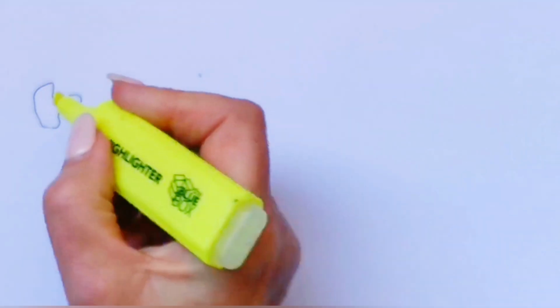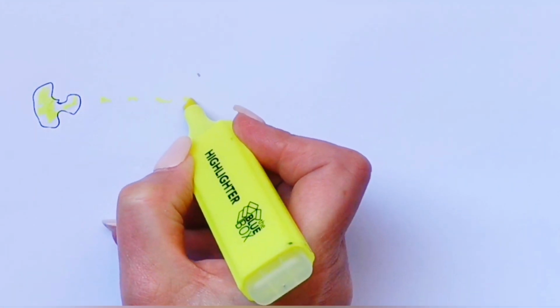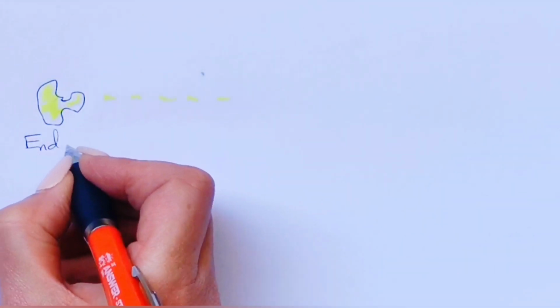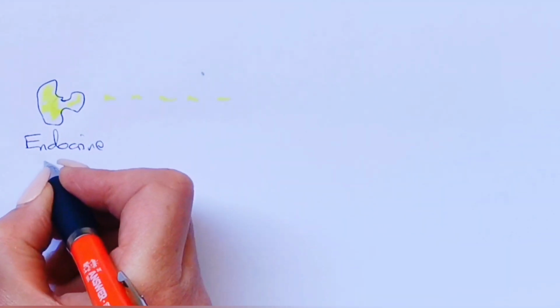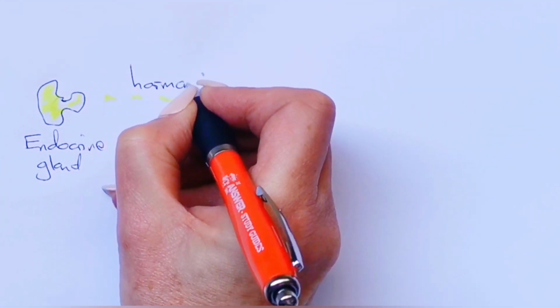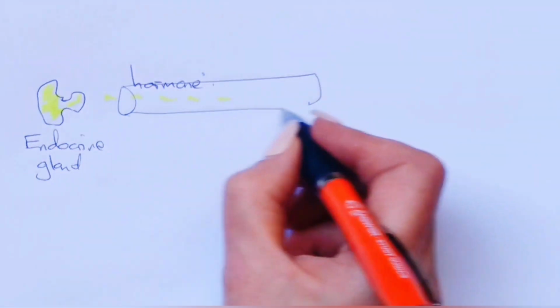And in the endocrine gland, a hormone is made. So the yellow highlighter represents the hormone. The endocrine gland on the left-hand side here is going to produce a hormone, which is going to go into a blood vessel.